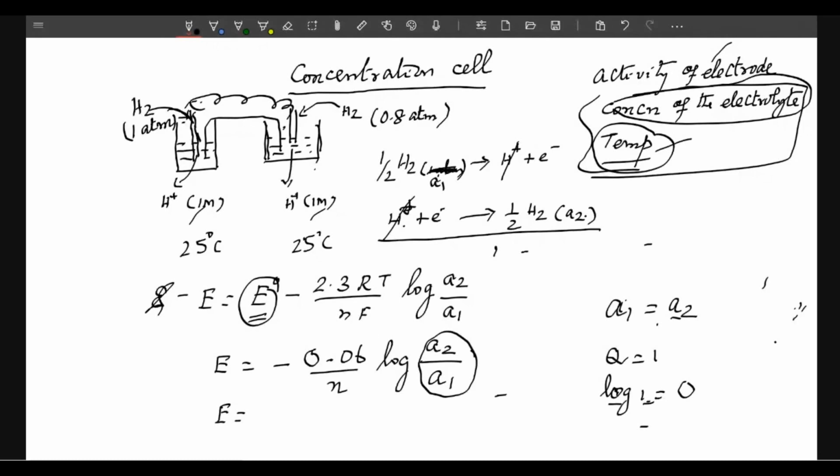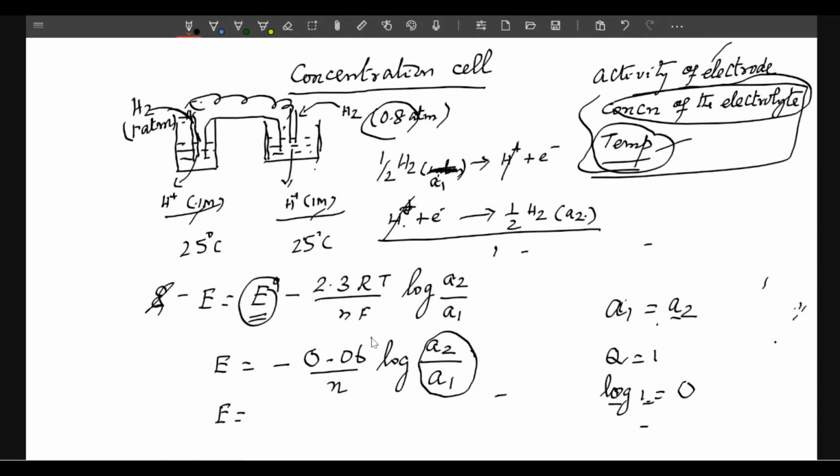That is, the electrode activity is 1 atmosphere, and the electrolyte concentration is 1 and 1. No electricity would be produced.